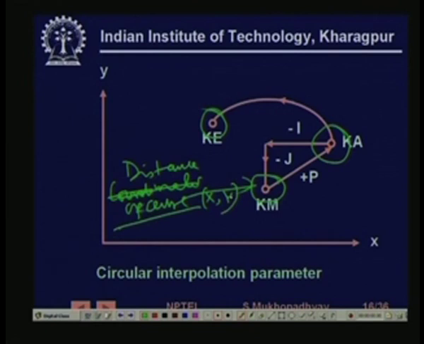If this is given, you should be able to draw the circle.